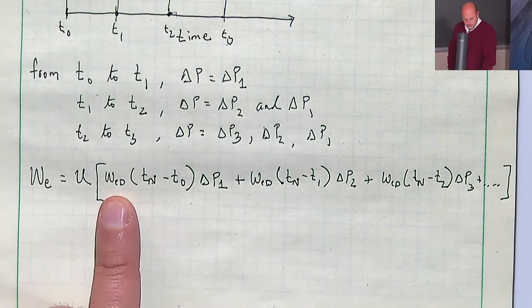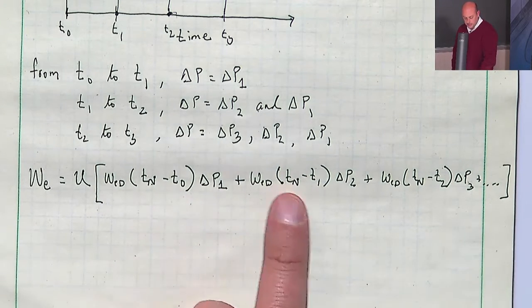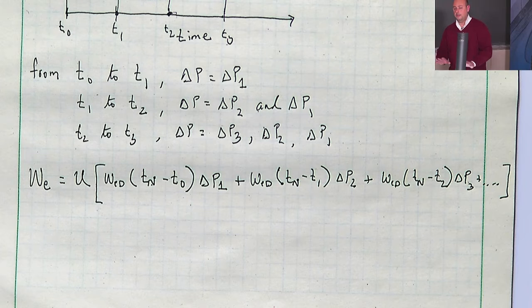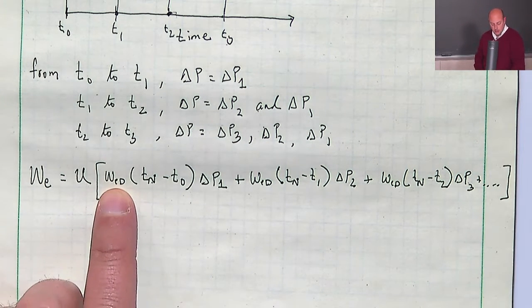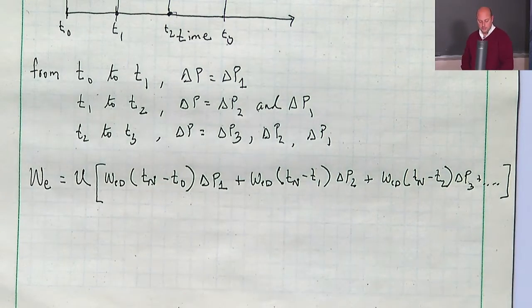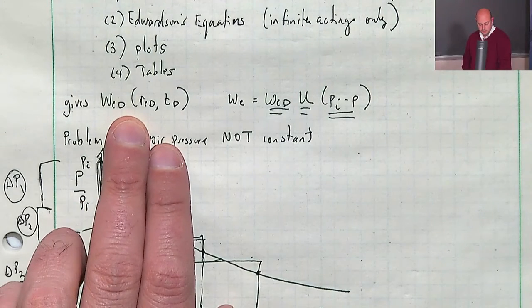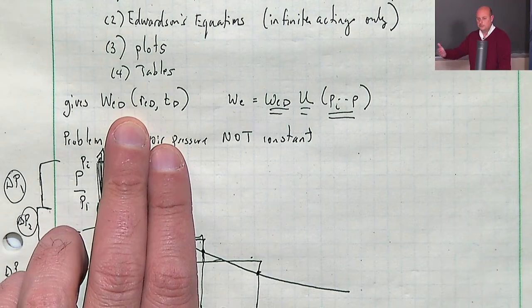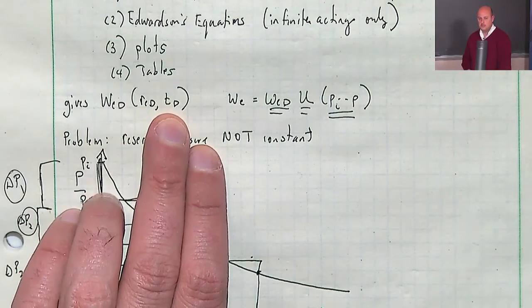First off, this parentheses here, Tn minus T0 or Tn minus T1, is not, I'm going to repeat, is not multiplying it. What I'm saying is that WED is evaluated at that time, at that delta T, right? Because we remember that we have functions, plots, tables, Bessel functions of WED at a given time.